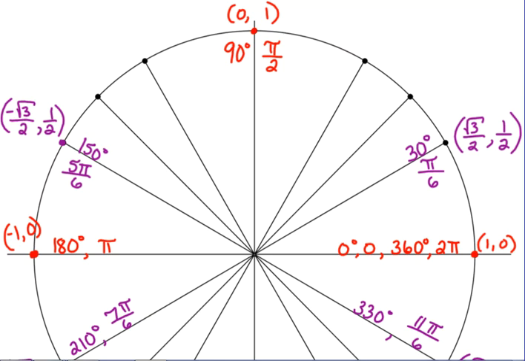Okay, let's go to the middle point. Okay, it's right there in the middle of that quadrant. So what do y'all think the degree measure is? If it's right in the middle of the quadrant, 45 degrees.